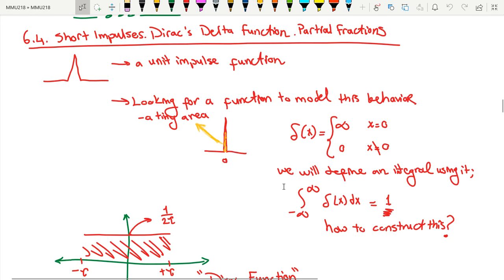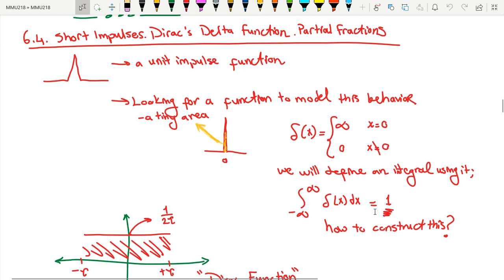Okay. Now we will define an integral that uses this function. So it goes from minus infinity to infinity. If I take the integral of my delta function, delta x dx, I want that integral to be 1.